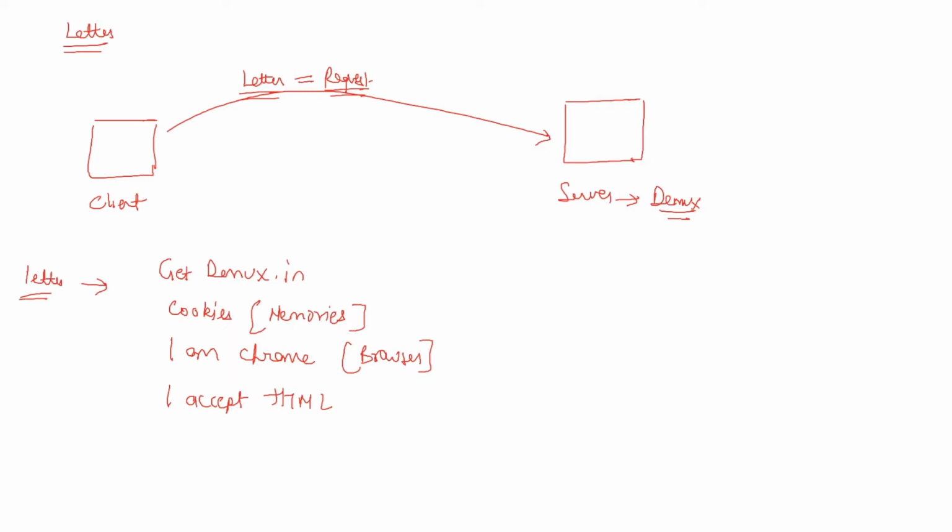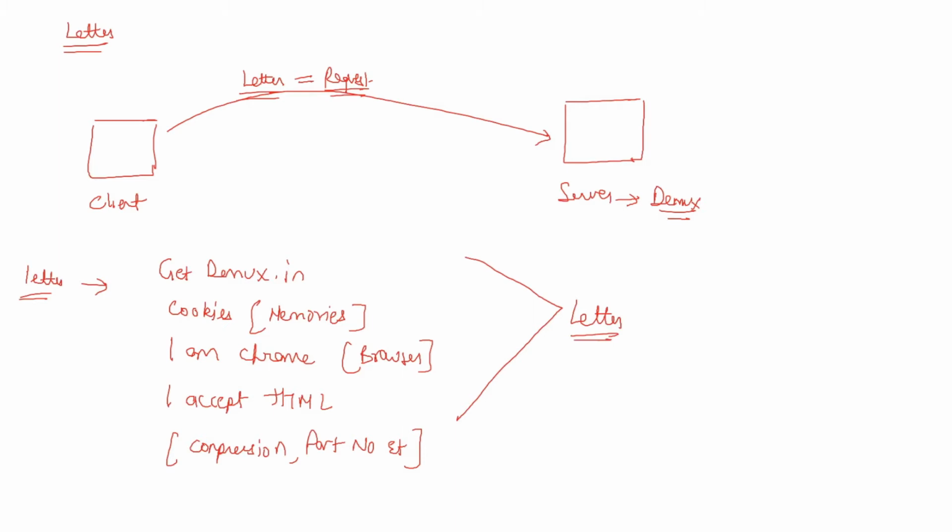And then there are multiple other factors as well, like whether compression of the data is allowed at the client level or not, or what is the port number of the request which is going on, etc. Okay, so all of this will be present in my letter or my request which is going from my client to the server, right?